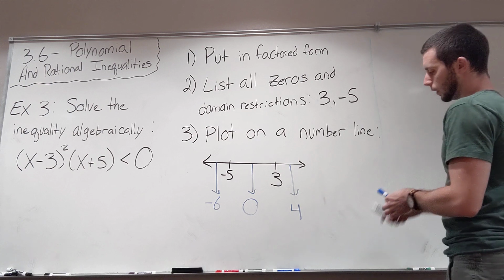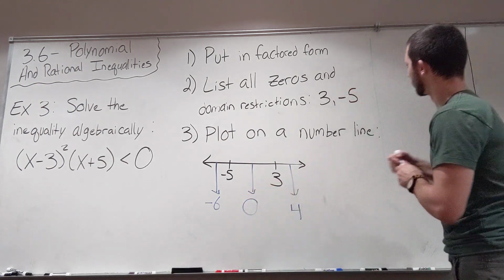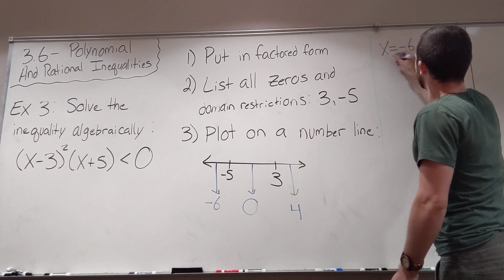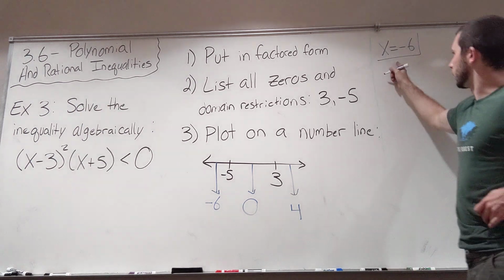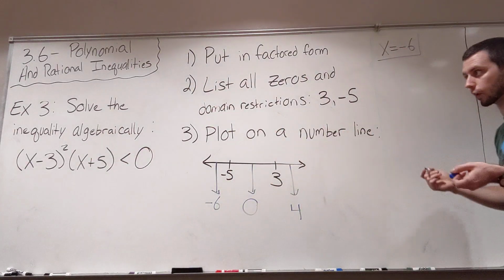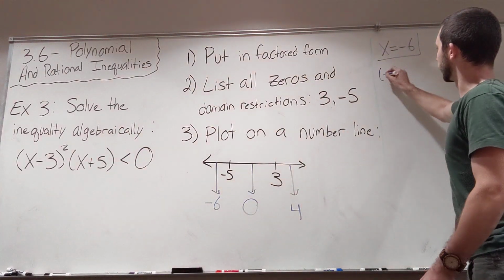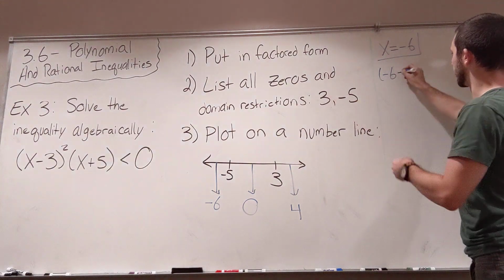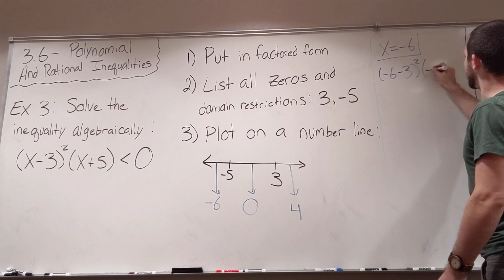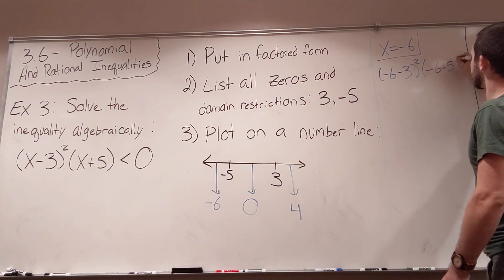We'll start off with x is equal to -6. Whenever we plug in x is -6 into the original function, that just simply replaces every x with -6. So (-6 minus 3) quantity squared, times (-6 plus 5).